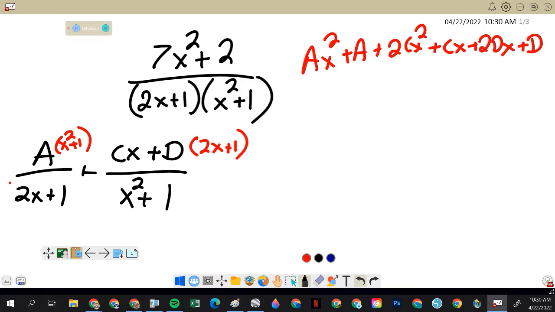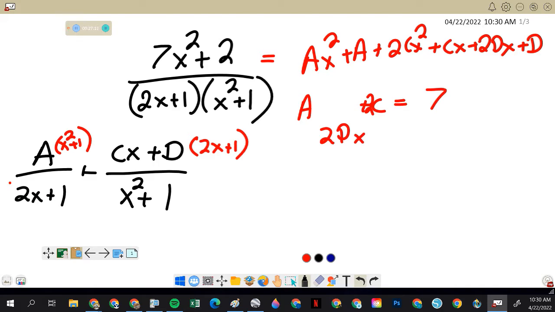And that's all equal to this. So I siphon out my x squareds. So a plus 2c equals 7.